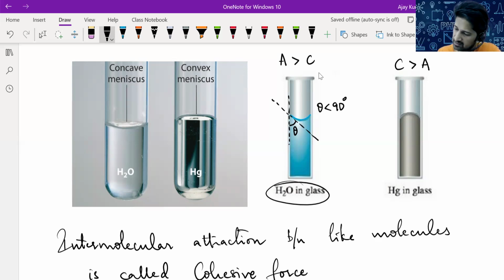In that case, if you draw tangents to the glass surface and mercury surface, the angle between those tangents measured from within the liquid will be greater than 90 degrees. So contact angle can be less than 90, greater than 90. It can even be equal to 90, and you can guess in which case. If adhesive forces and cohesive forces are equally strong, then the contact angle will become exactly 90 degrees.